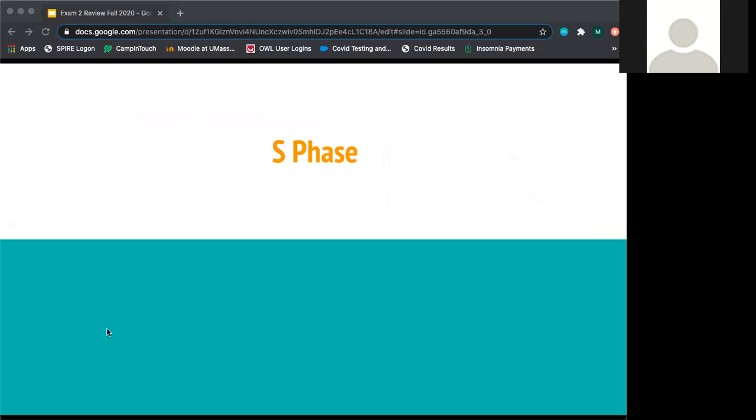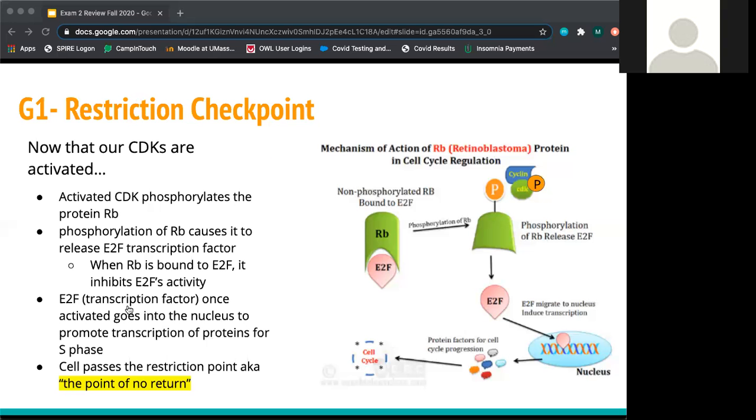Sorry, there's a question in the chat. What initially activates CDC25? Actually, I think Laura wrote something in her notes about that. I think it's on one of our other slides. She mentions that's PLK1, but she says not to worry about it for the purposes of the exam.